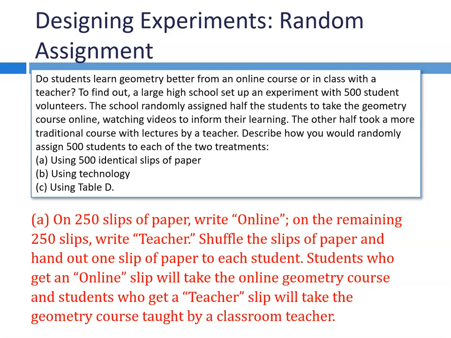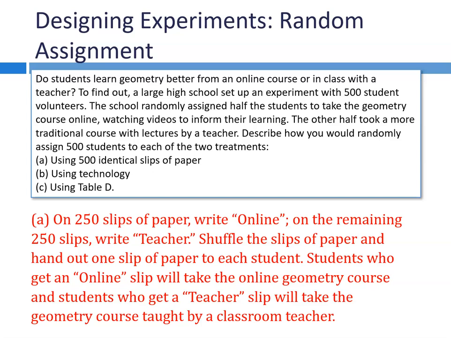As opposed to writing everyone's name on a piece of paper, and then I pick you and say, oh, you're in this group versus this group, just write the word online on 250 slips of paper, and on the remaining 250, write teacher. Shuffle the slips of paper, and hand out one slip of paper to each student. Students who get an online slip will take the online geometry course, and students who get a teacher slip will take the course taught by the classroom teacher.